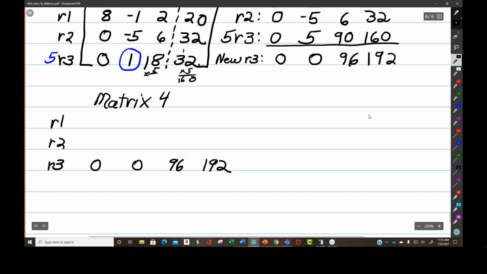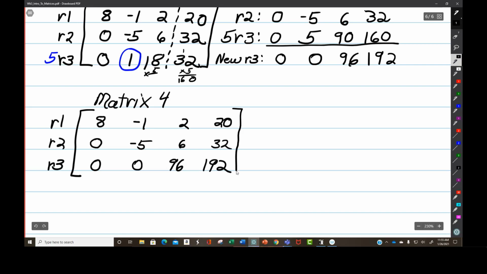And then I copy row 2 and row 1 from the previous matrix: 0, -5, 6, and 32. And 8, -1, 2, and 20. After this, we do this.